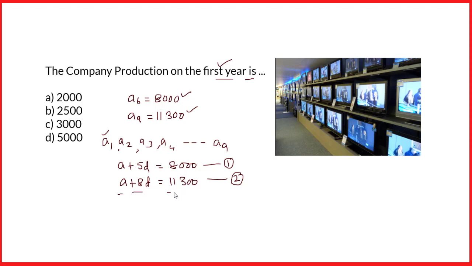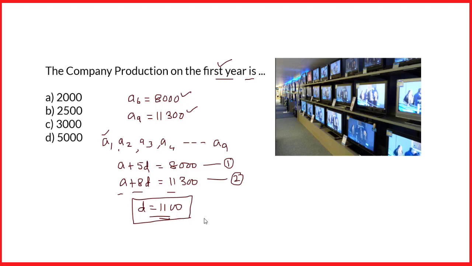Therefore we get D is equal to 1,100. So if you solve these two equations simultaneously, you will get D is equal to 1,100. So the common difference we have got is 1,100.